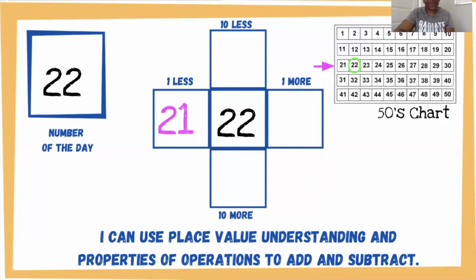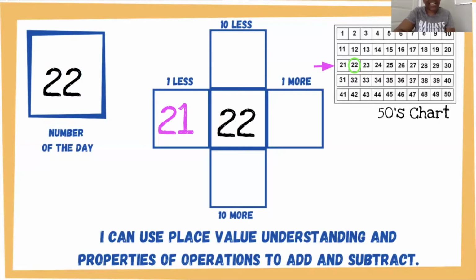Great job. Now, let's see if we can find the number that is 1 more than 22. The number that is 1 more than 22 is a number that comes right after 22 on our hundreds chart.